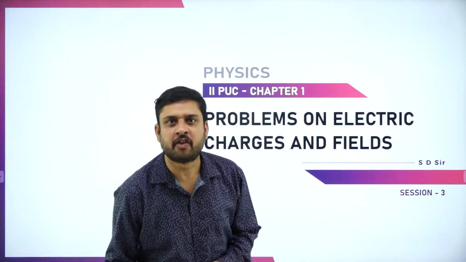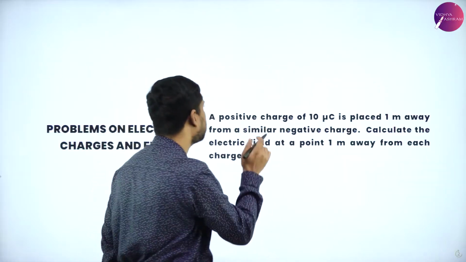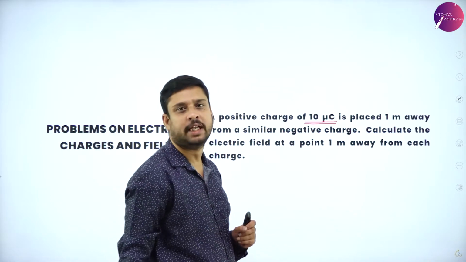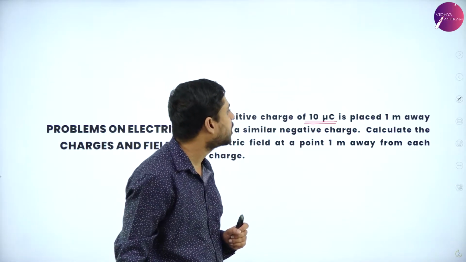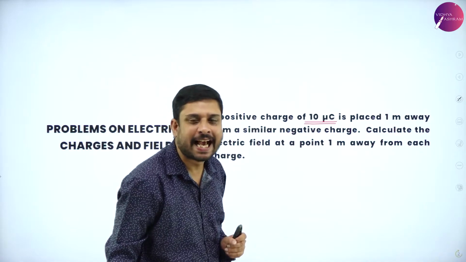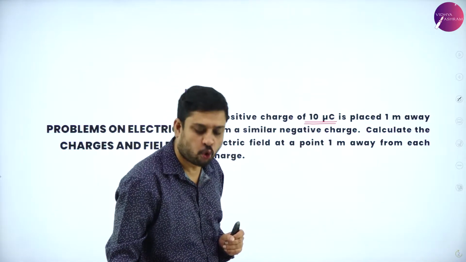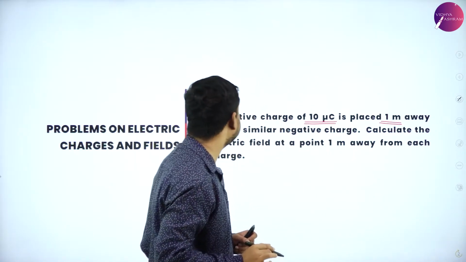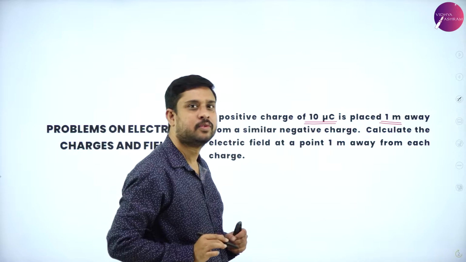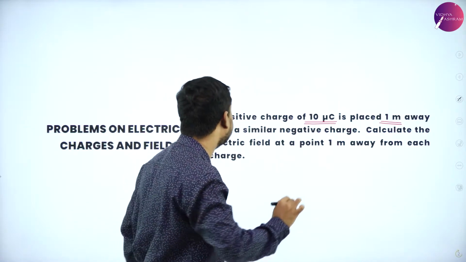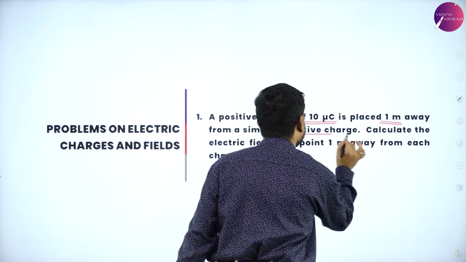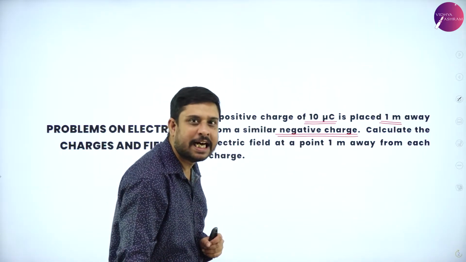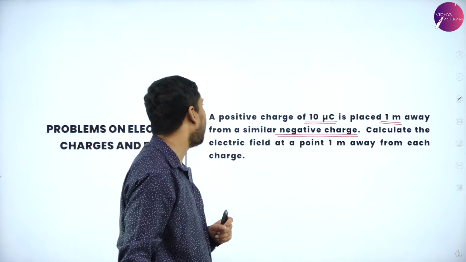Today's class. The first problem, students: a positive charge of 10 microcoulomb is placed 1 meter away from a similar negative charge.